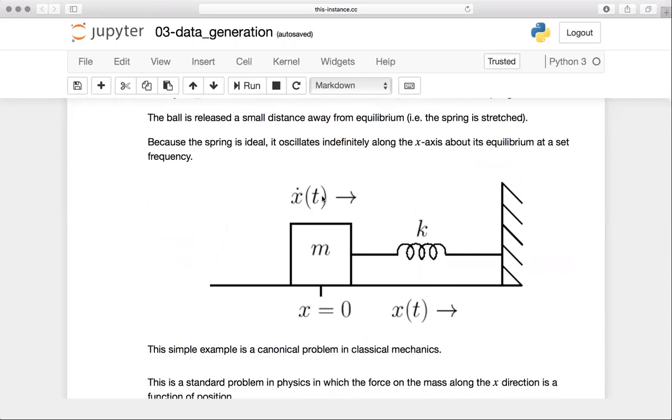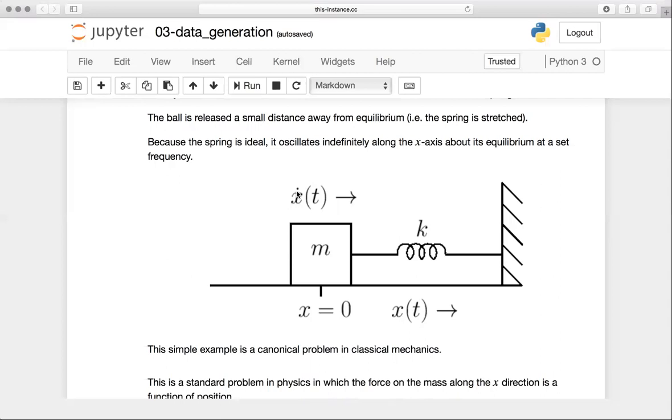If you're not familiar with this dot notation, this is a common physics notation. The first derivative of position is velocity. The second derivative of position is acceleration. This is all physics, classical mechanics.